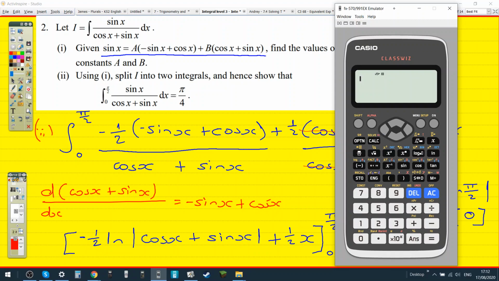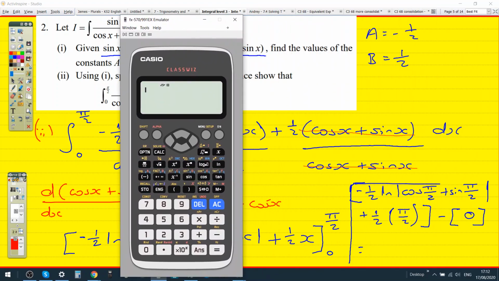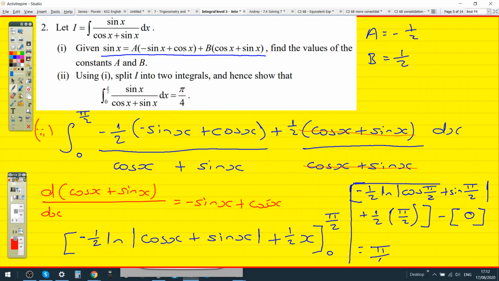Okay, so the first bit, if you solve it, you just get pi over 4. Like if you solve the whole thing for pi over 2. Yeah, I haven't done the 0 one yet, but I'm guessing it will just be 0. I believe so, because you get cos 0, which is 1. Ln of 1 is 0. And sine 0 is 0.